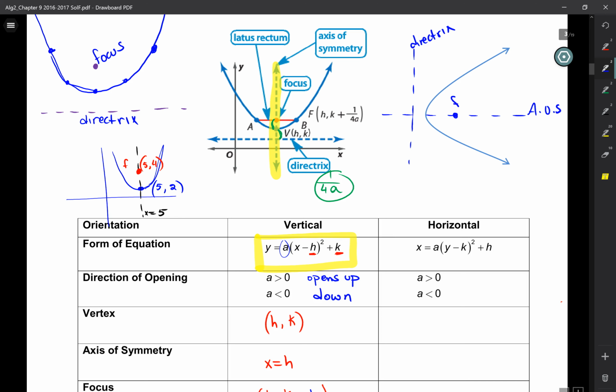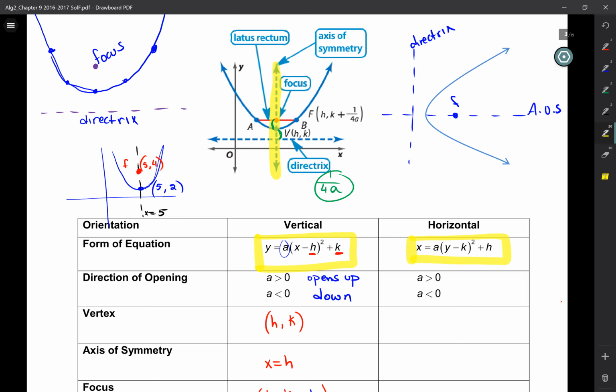All right, now, look at the equation for a vertical versus a horizontal. What's different? In the vertical case, what variable is squared? Well, x or y? X is squared, and in the horizontal, y is squared. So remember in chapter 5, it was always y equals x squared plus 2x whatever, and you got your parabola.